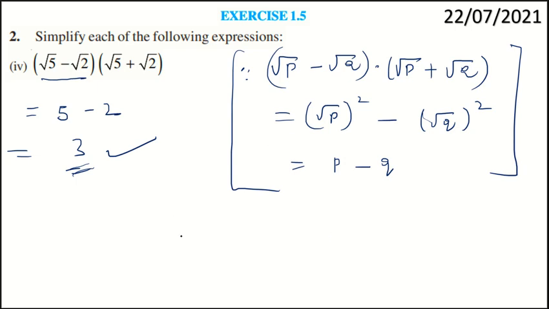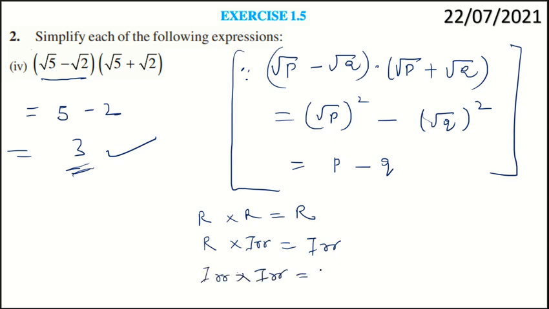Okay, it is rational into rational gives you rational, rational into irrational gives irrational, irrational into irrational may be rational or irrational. This is how the operation of product between rationals happens.